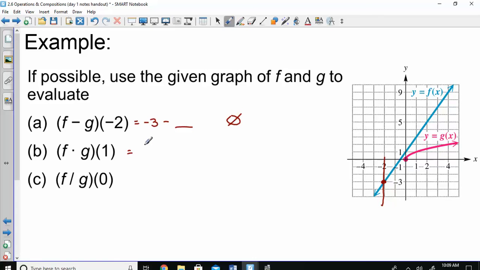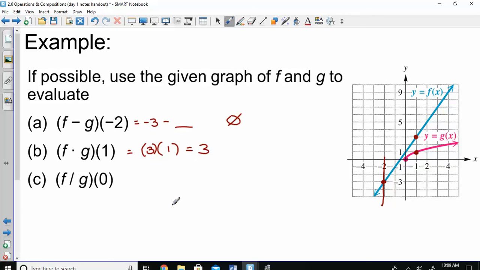F times g of 1. So when my x is 1, now we're over here. F is right here, so that's a y value of 3. G of 1, so when x is 1, g has a y value of 1.